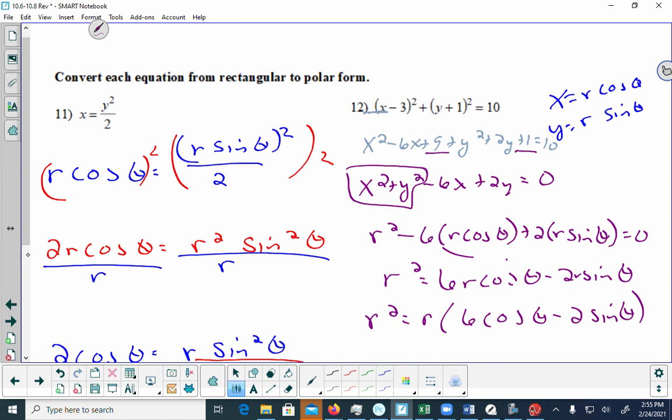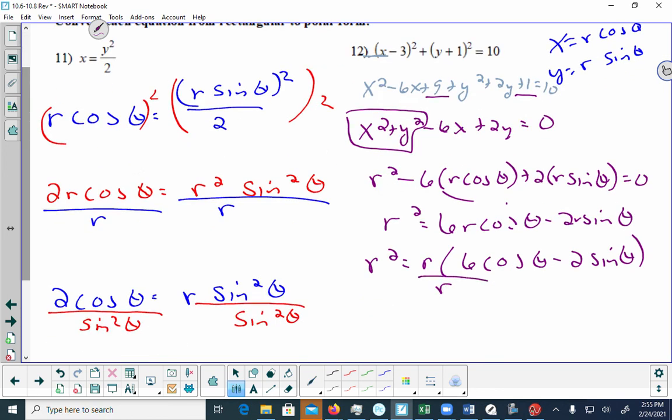And I am going to divide both sides by r. And I'm going to end up with r is equal to 6 cosine theta minus 2 sine theta.